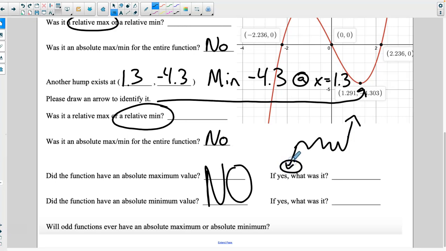But there's always an arrow going up. So there's always a higher point and there's always a lower point. So it makes sense that there would not be. So will odd functions ever have an absolute max or an absolute min? No. They will not. It just never is going to happen. That's what we're assuming right now, and I'm going to say that's a really good assumption.